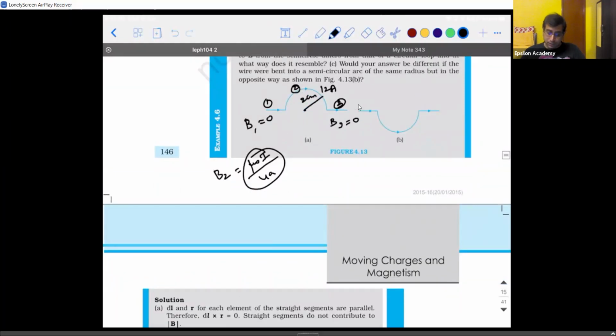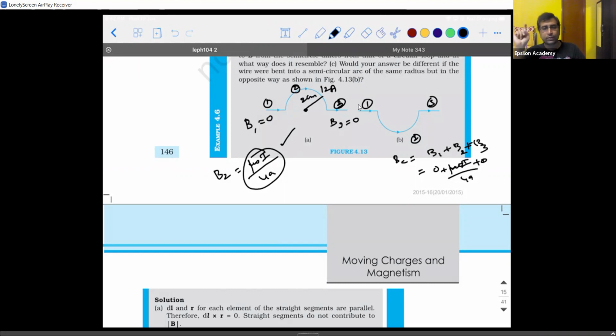Similarly, if you look at the second problem, this is 1, 2, and 3. Again, the magnetic field at the center is going to be B1 plus B2 plus B3 along with the directions. But B1 and B3 are 0. So B2 will be mu naught I divided by 4A only. So here also the magnetic field at the center is mu naught I divided by 4A. In the second case also it is mu naught I divided by 4A.